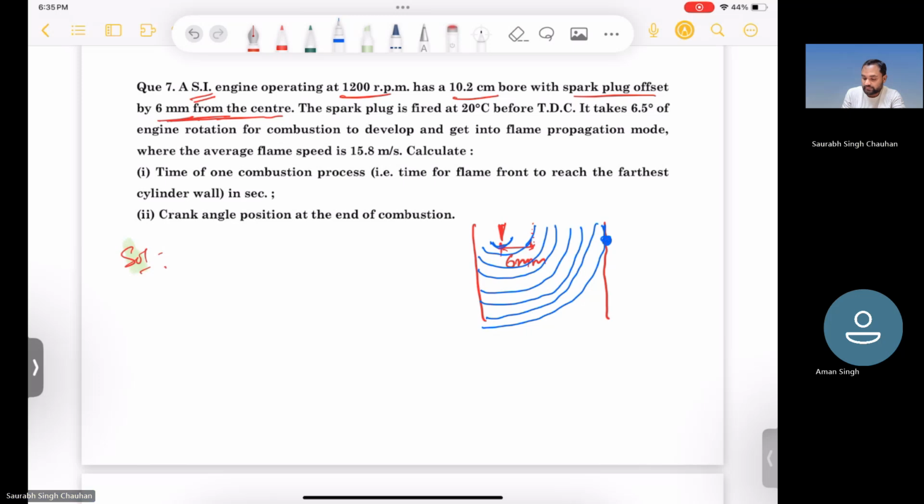Up to here it needs to reach, right? So how much distance does the flame need to travel?